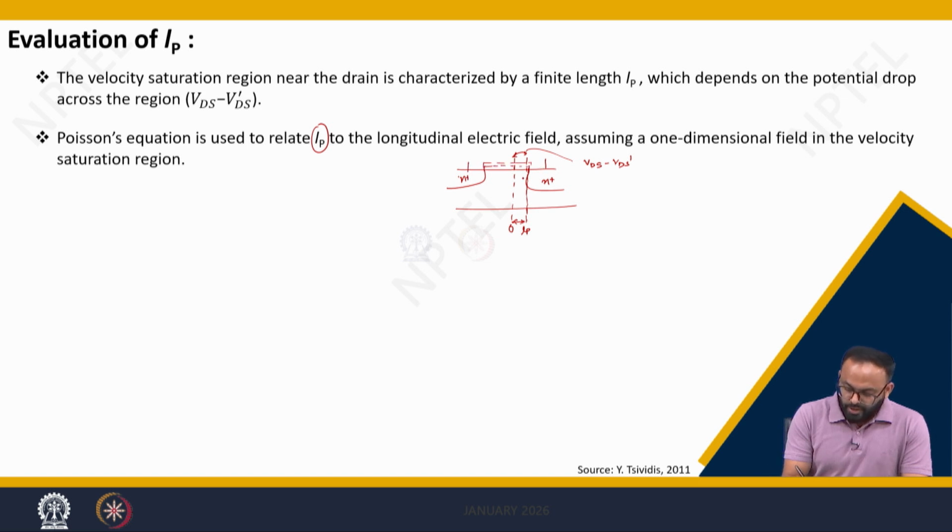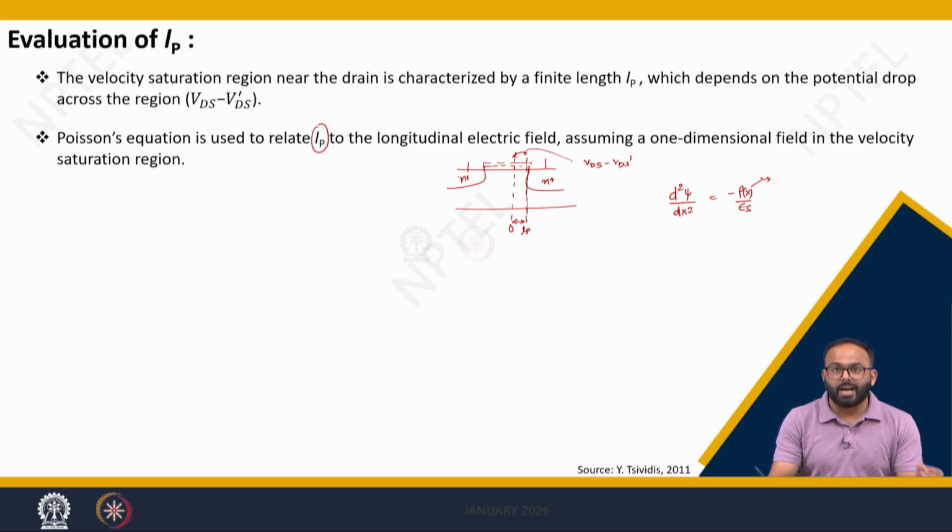We will start from basic one dimensional electrostatics, considering del square psi divided by del x square is equal to minus rho of x divided by epsilon s. Here rho is the total charge available in that region. As we have pointed out, in this region the inversion charge is negligible, Qi dash is negligible.